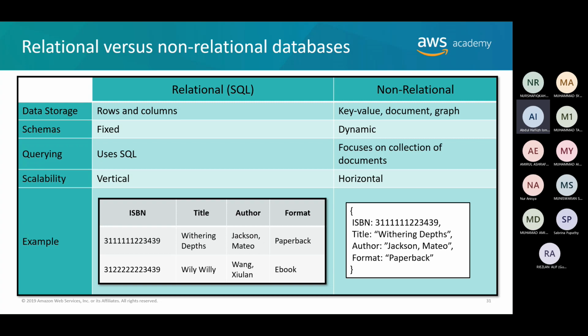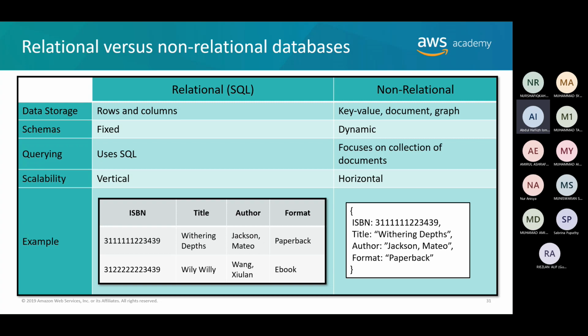for normalized data. A non-relational database is any database that does not follow a relational model provided by a traditional relational database management system, or RDBMS.